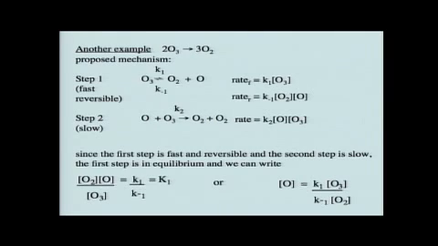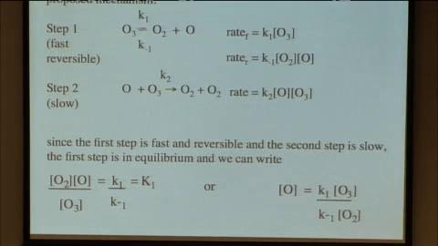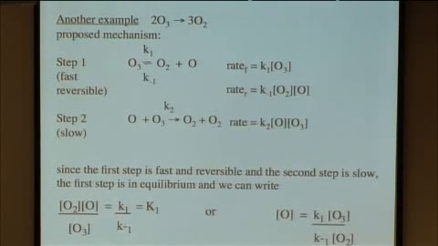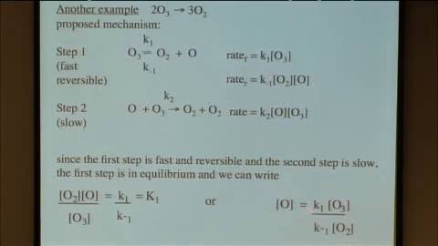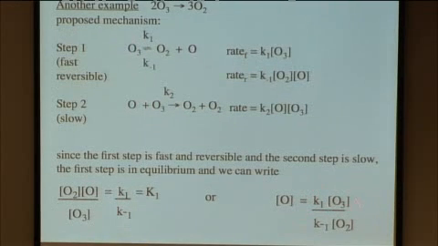So we can go ahead and write those. For the first step, again, it's products over reactants. You can also express that in terms of rate constant K1 over rate constant K minus 1, and that's all equal to our big K, our equilibrium constant, K1. And so now we can solve in terms of O, our intermediate. Here, if we pull that out, we've solved for it in terms of K1 times O3 over K minus 1 times O2.